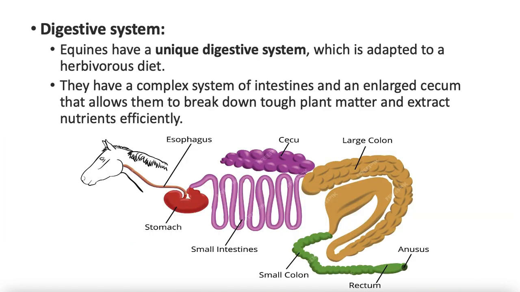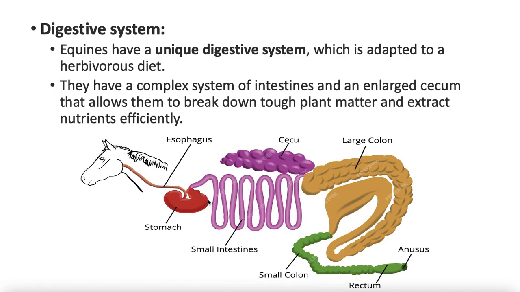Now the digestive system of the horse is also different from the ruminants. Okay, the difference is because of the small stomach, and they don't have the rumen. So this kind of digestive system makes it adaptable for the herbivorous diet, as we know that these are obligate herbivores.